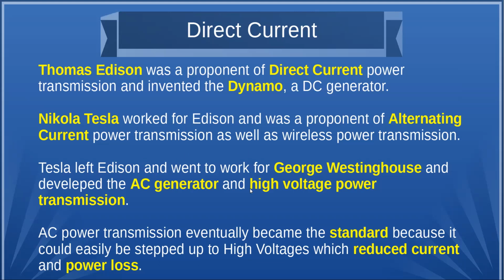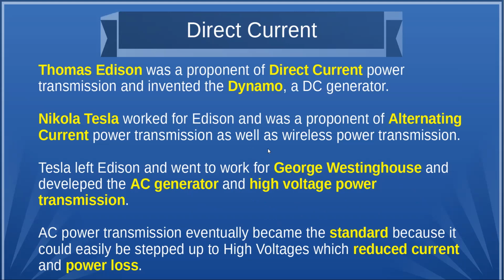He left Edison and went to work for Westinghouse, who also was a proponent of alternating current, and they developed the AC generator and transformers for high voltage power transmission. So you're going to transmit power with a lot less current.